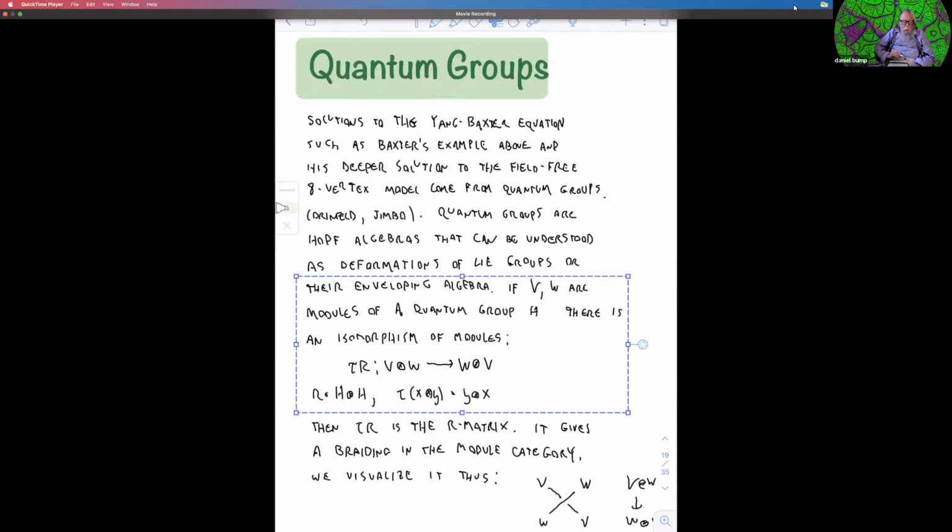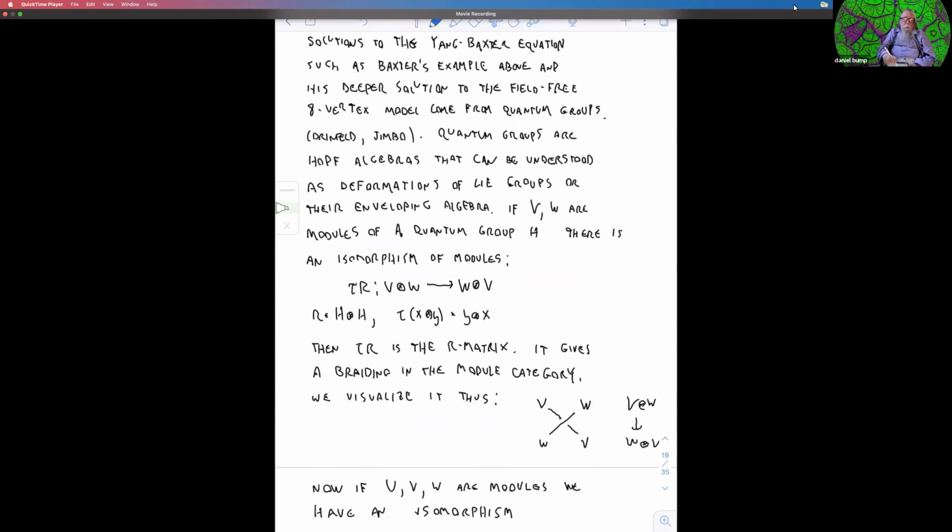There's an element R of H tensor H, and then tau is going to be the flip map. This has the property that if you apply R, and then you apply the flip map, you end up with a mapping from V tensor W to W tensor V, which is actually a homomorphism. And this is the R matrix.